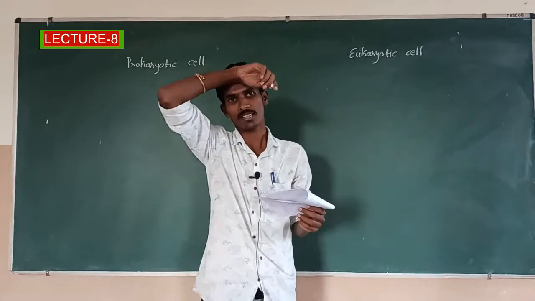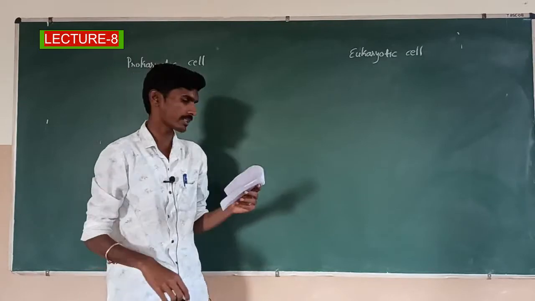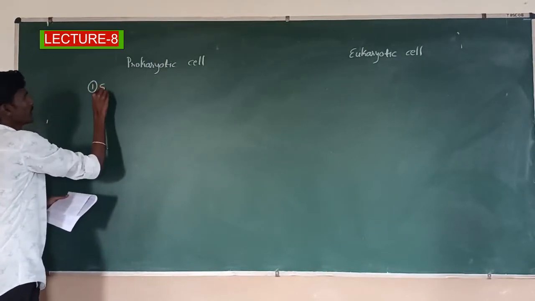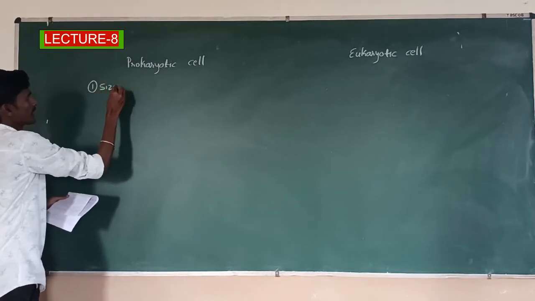The first difference between prokaryotic cells and eukaryotic cells is the size of the cell.